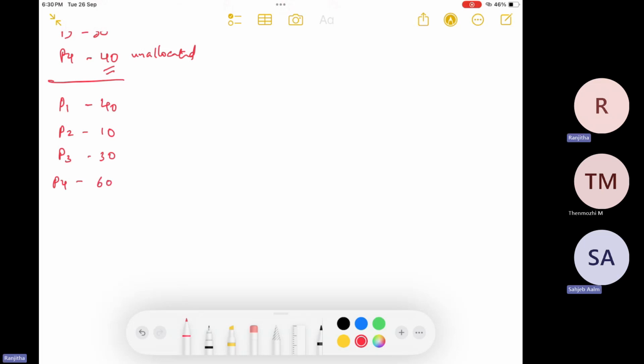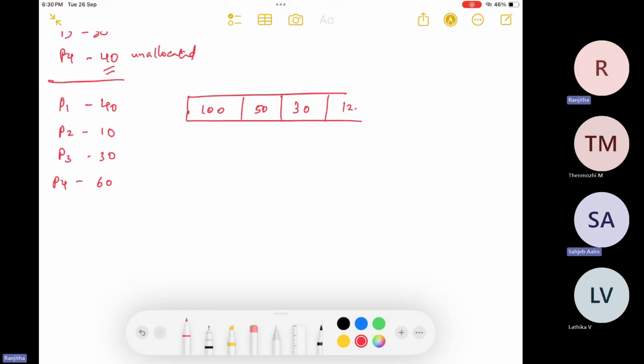And the memory blocks are 100, 50, 30, 120, and 35.